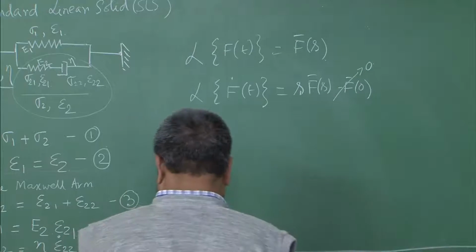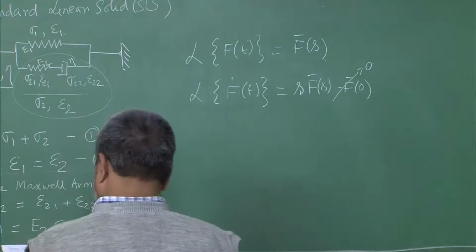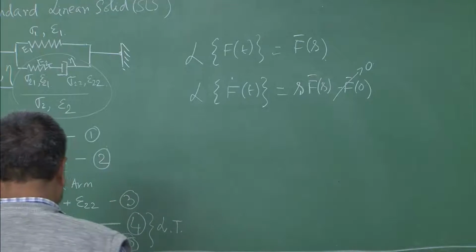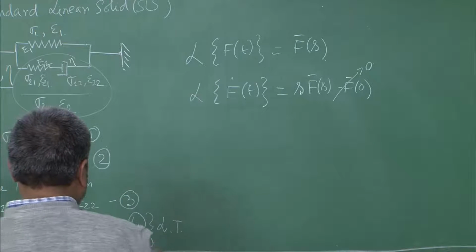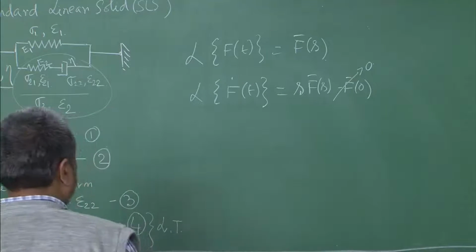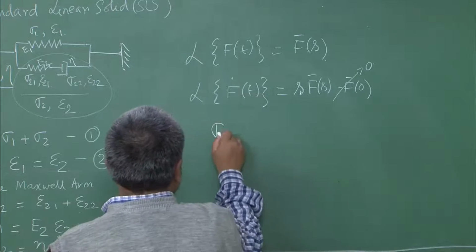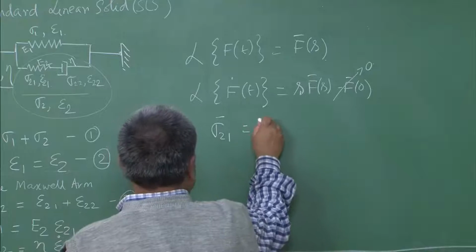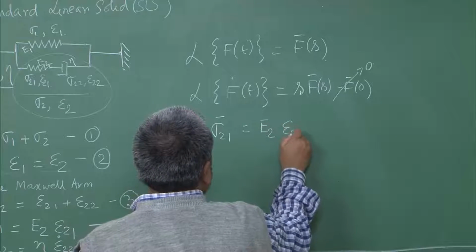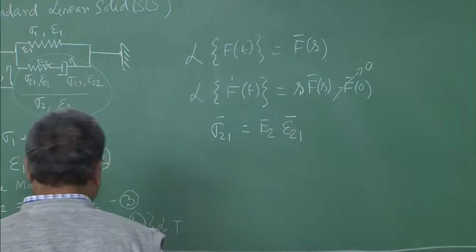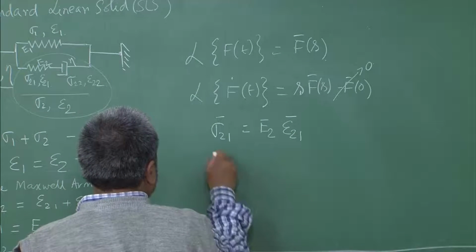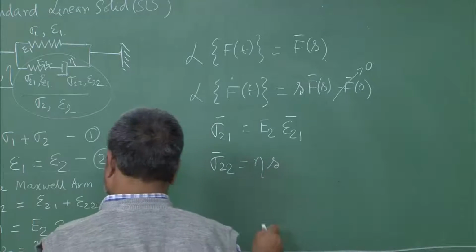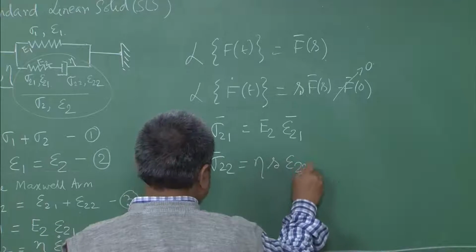So, this will be 0 here, and in this case if we convert these equations, for example 4 and 5, using the Laplace transformation, then we can write sigma 2 1 bar equals E 2 epsilon 2 1 bar, and sigma 2 2 bar equals eta s epsilon 2 2 bar.